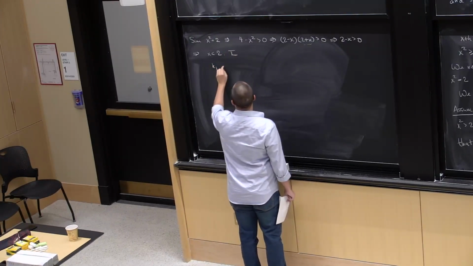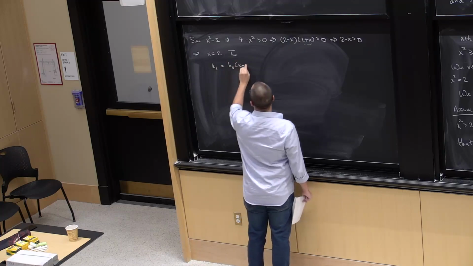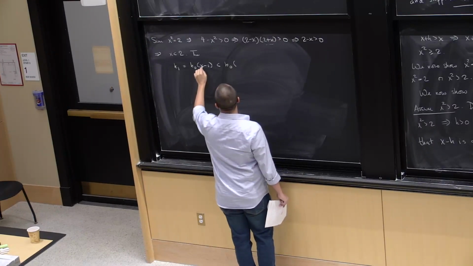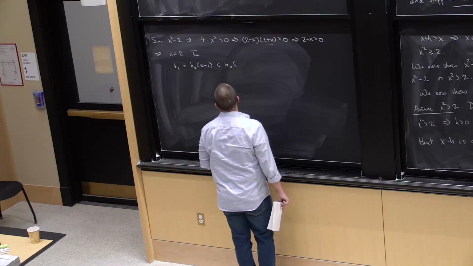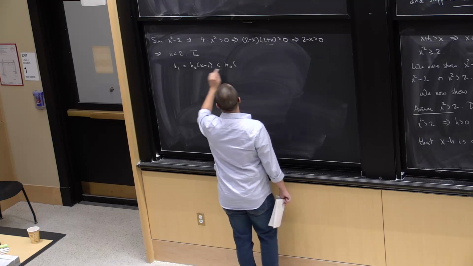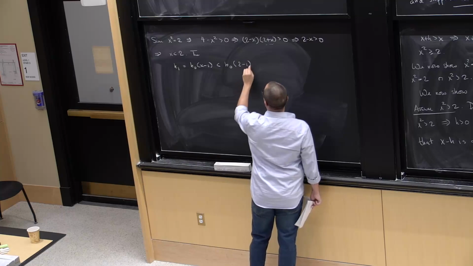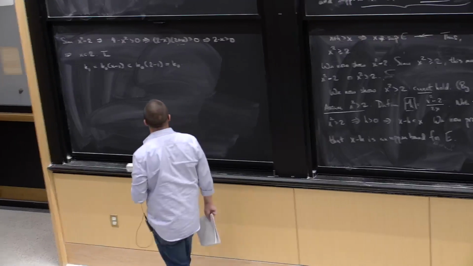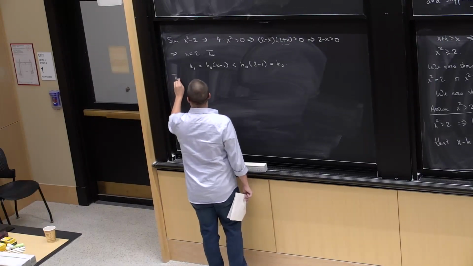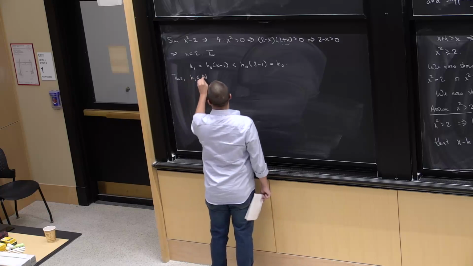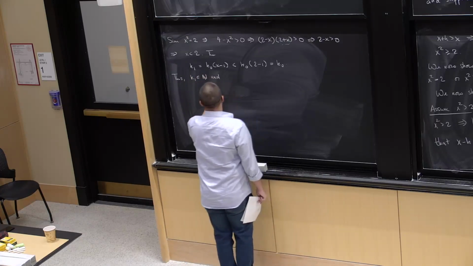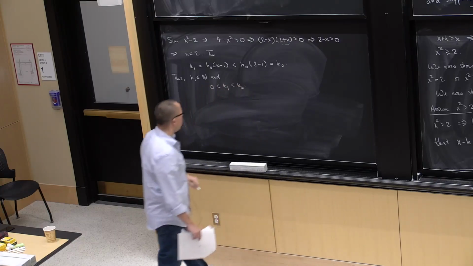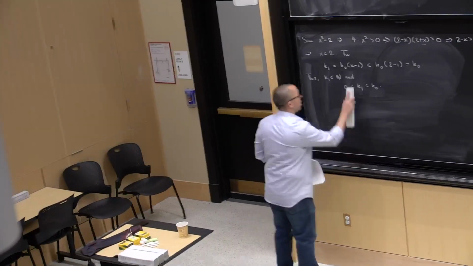Then K1, which remember is K0 times x minus 1, is less than K0. K0 is a natural number, it's positive, and x minus 1 is bounded by 2 minus 1. So what we've shown so far is that K1 is a natural number and it's less than K0.